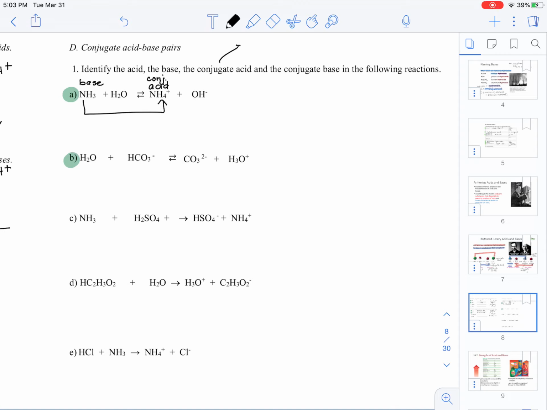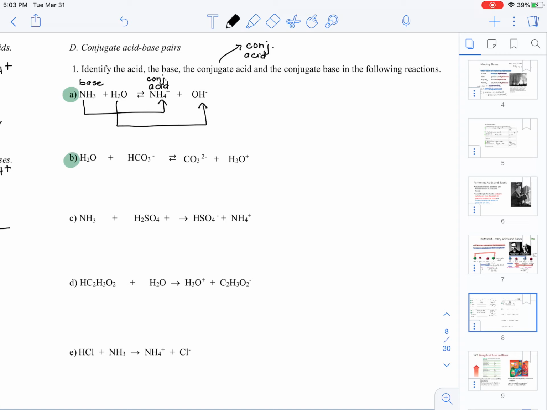So conjugate acid, I usually write it down as CONJ for conjugate and then the word acid. So when it comes to water, water lost a proton.